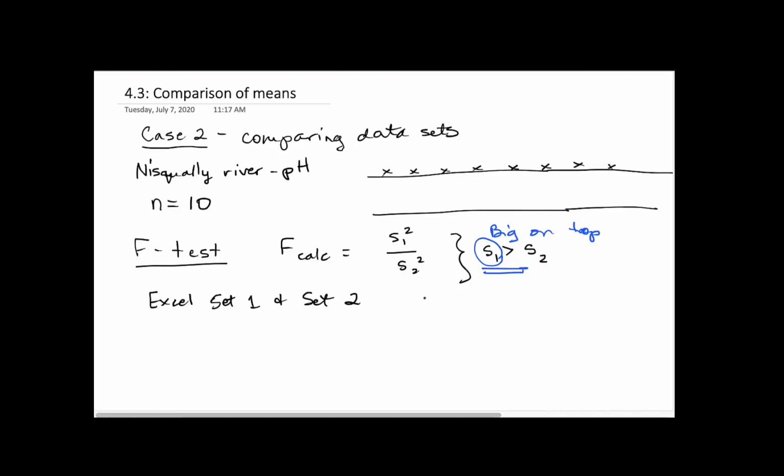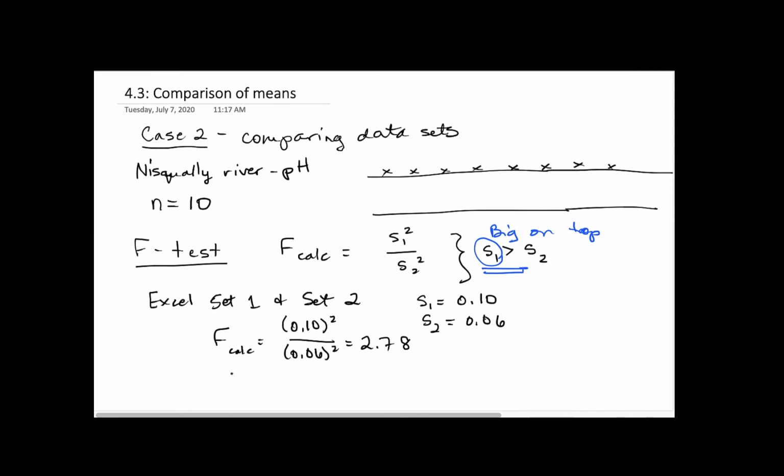That means my S1 is actually going to be for set 2, so that would be 0.10, and my S2 is going to be 0.06, which was for set 1. So when I calculate the F value between these two sets, I have 0.10 squared over 0.06 squared. Go ahead and calculate that through. Pause the video real quick. Hopefully you got 2.78.